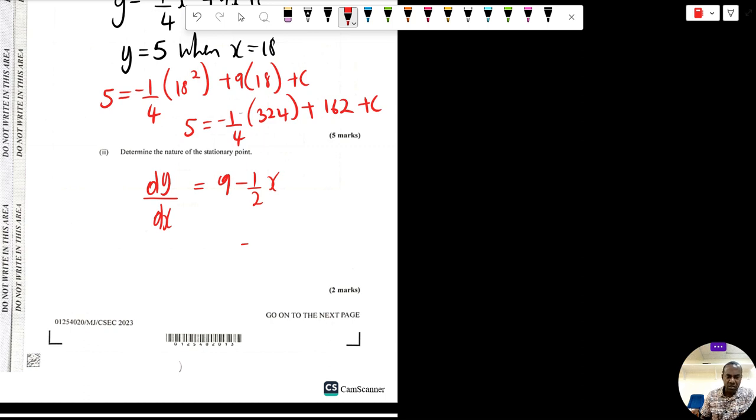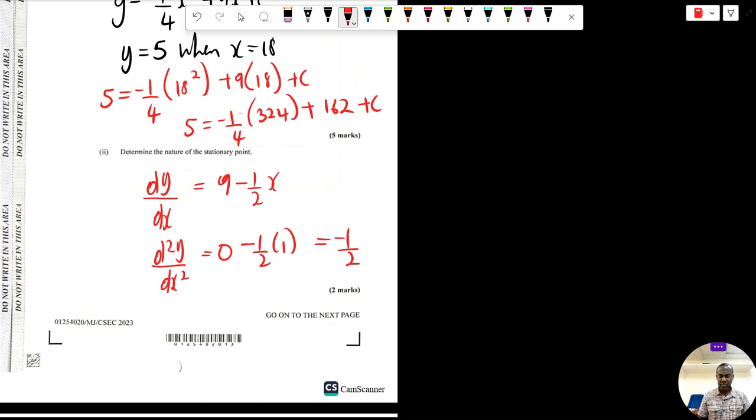And if we differentiate a second time to find the second derivative, we get that d2y by dx squared is equal to 0 minus a half times 1, which is negative a half. Now, what does this mean? The second derivative has no x term.